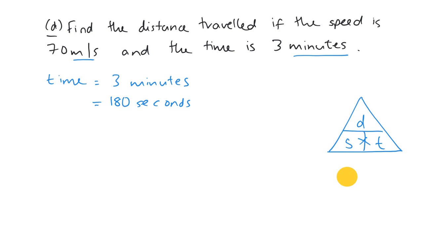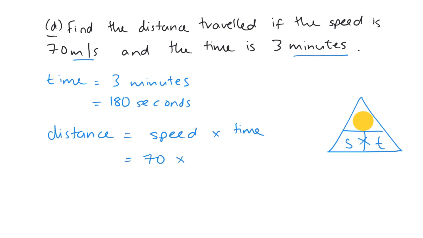And then we'll say, right, well, what's our formula? It's distance that we're looking for, cover it over, and we're left with distance equals speed times time. Our speed is 70, our time is 180, and that gives us 12,600, and our units are going to be meters.